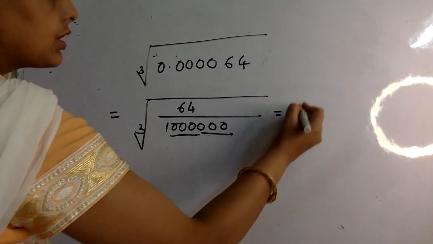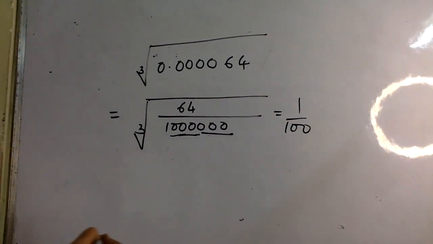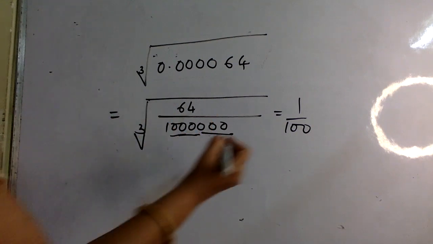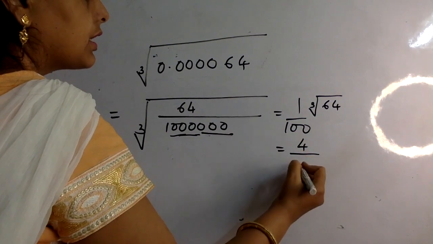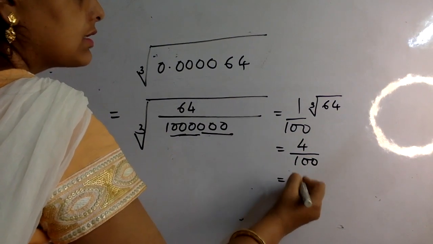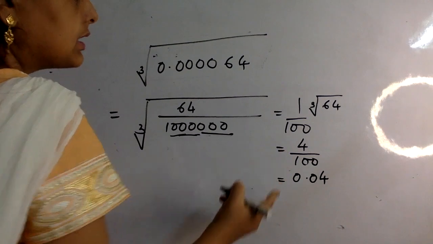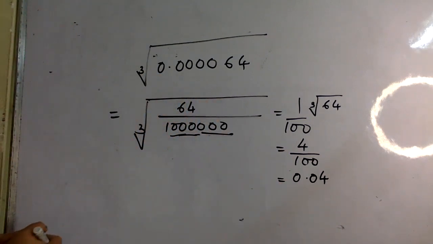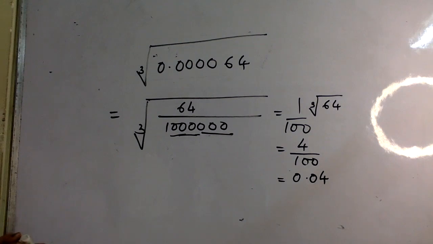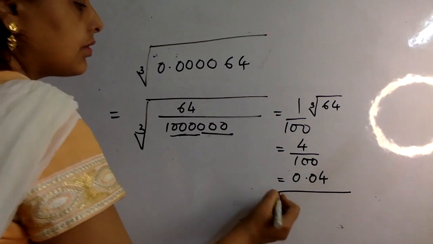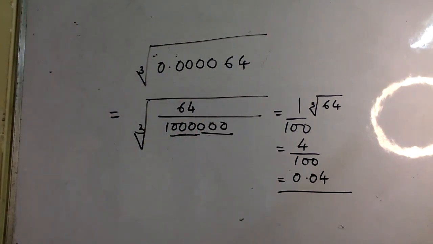Now it becomes the cube root of 64, which is again a 4. So your answer is 0.04. Since they have given you the question in decimals, you should also give the answer in decimals. So this is your answer to this question.